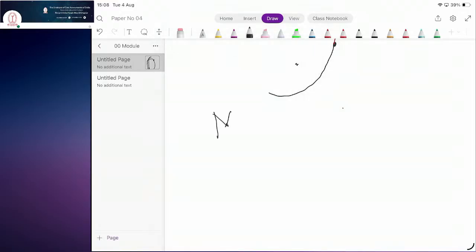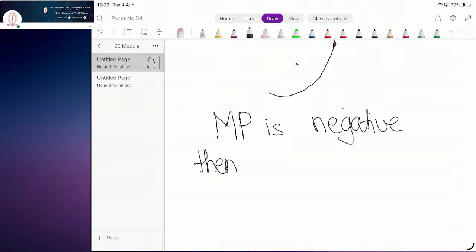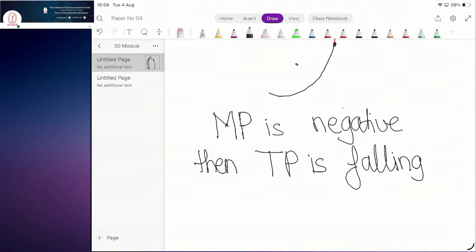When marginal product is negative, total product is falling.